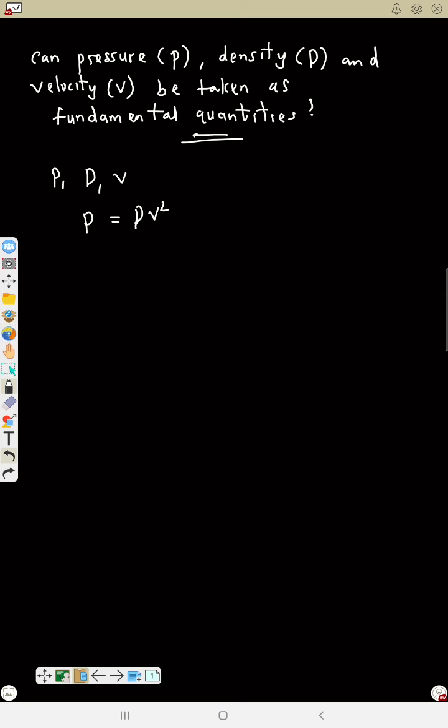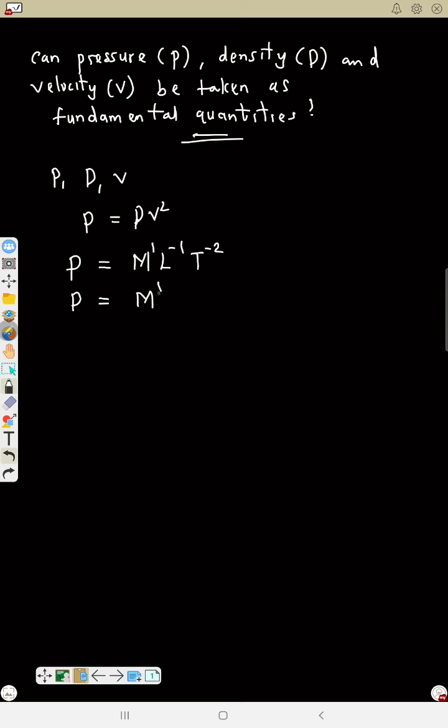So to check whether P, density, and V are dependent or not, we can use the following. What is the dimension for pressure? We have proved it. That is M L raised to power minus 1 T raised to power minus 2. That is force over area. That is M raised to power 1. Also density, we have shown that one too.